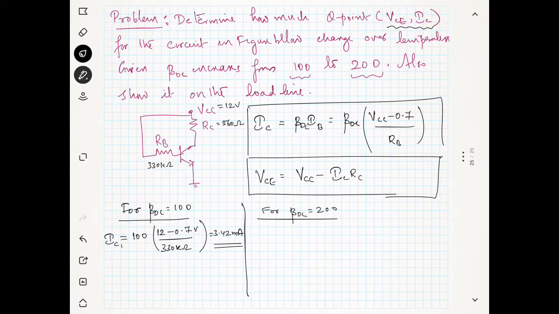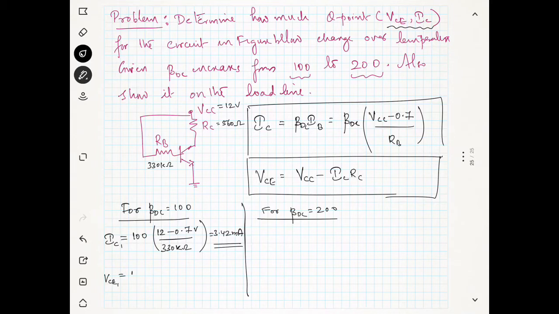So we are getting the IC like this. And also VCE, we can say VCE1 because we are talking about beta equal to 100. It is nothing but VCC minus ICRC. You can use the equations I have shown in this slide.